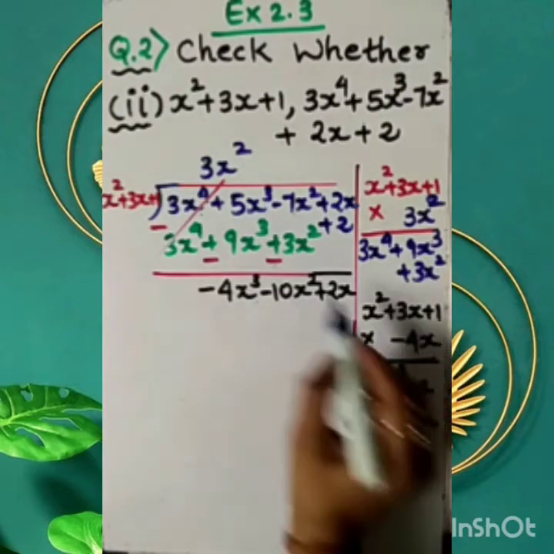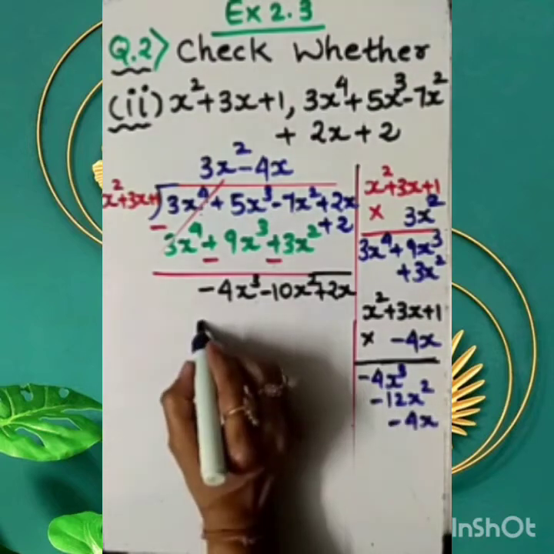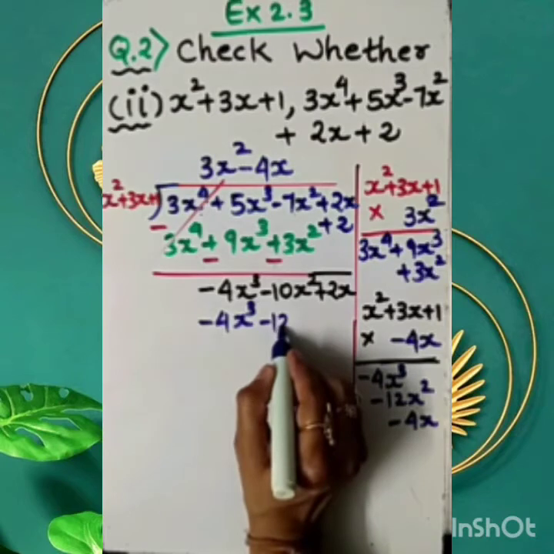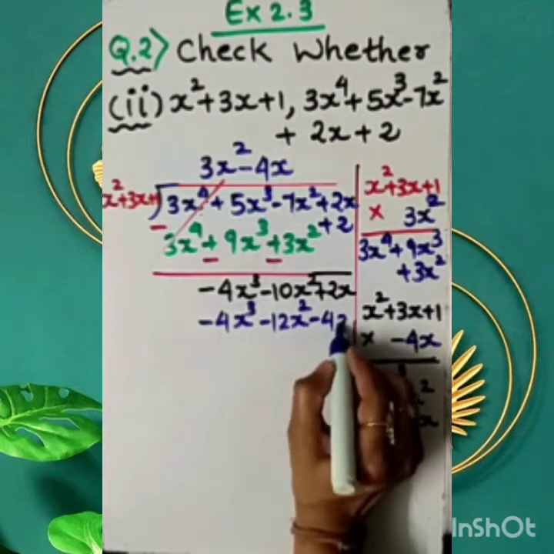So this time I multiply with minus 4x. Let me note down with the same sign without changing anything, so I will have here minus 4x.